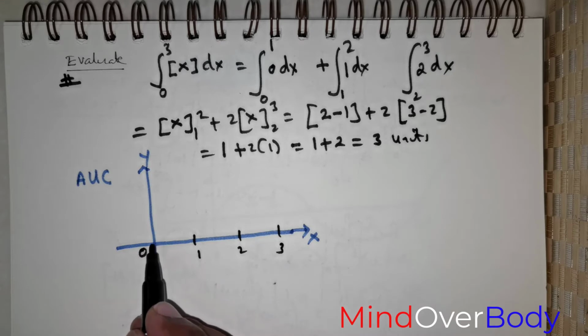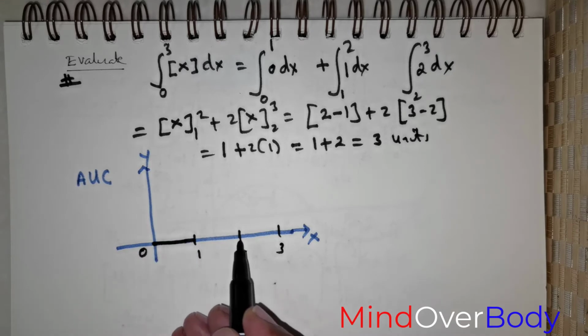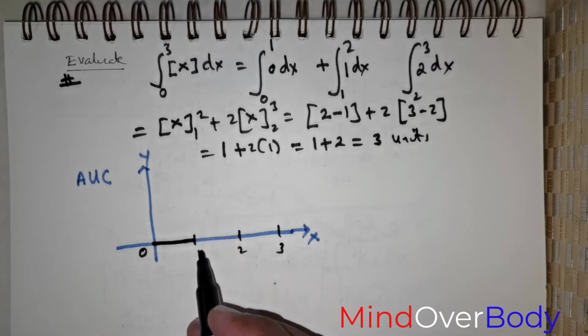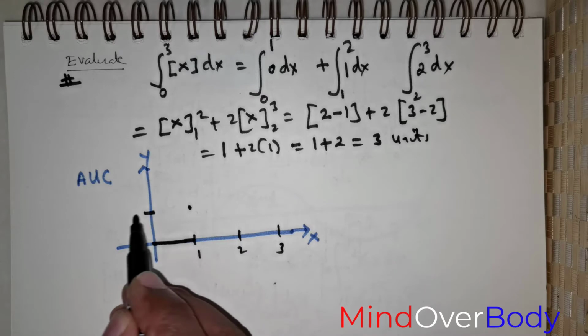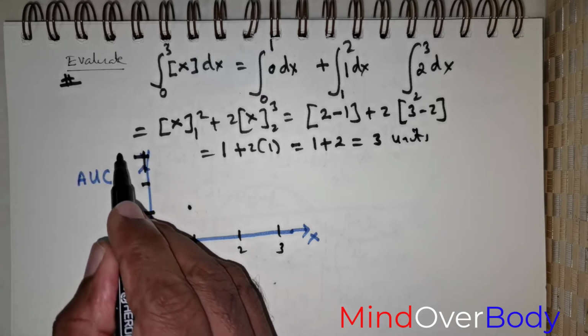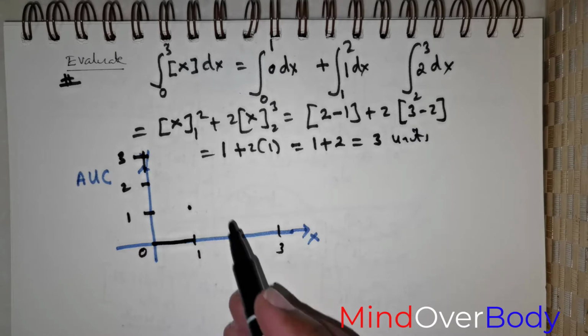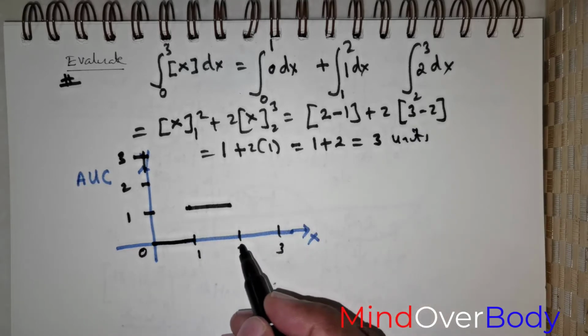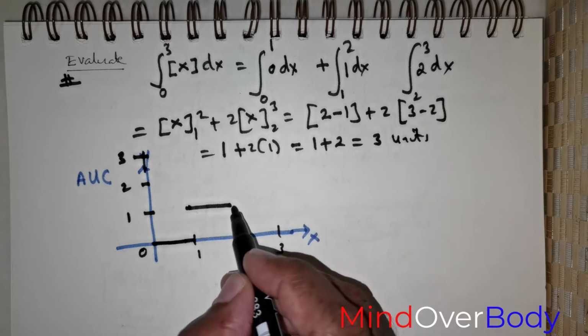Now definitely from 0 to 1, this is going to be 0, and from 1 to 2, the value is going to be 1. So this is 1, this is 2, and we got the point 3 over there. So this is going to be a straight line there, and there is going to be a discontinuity here.